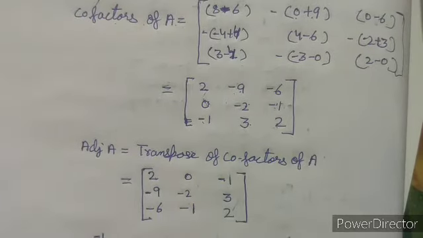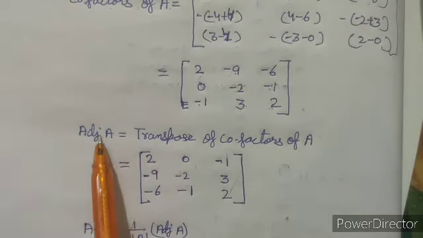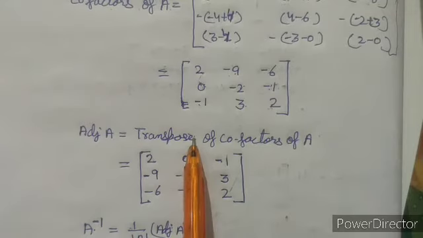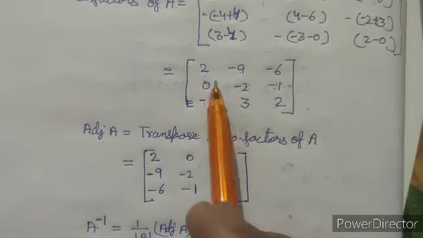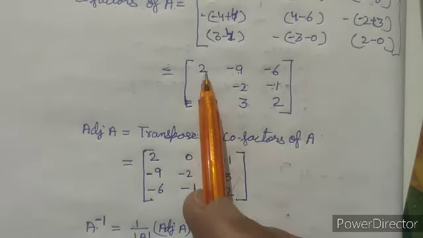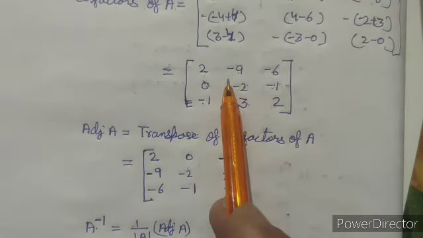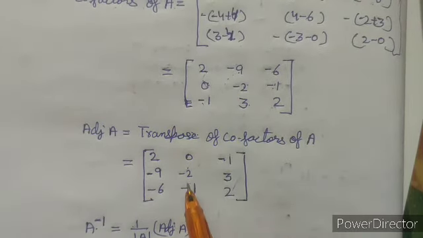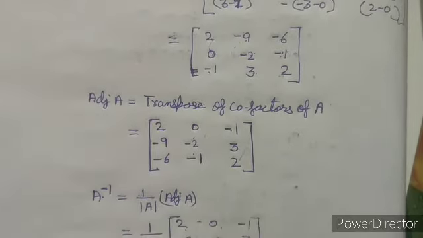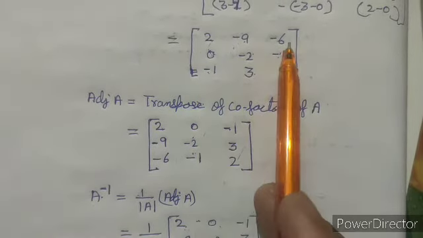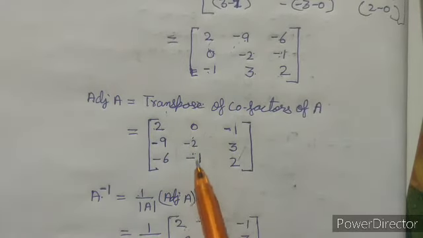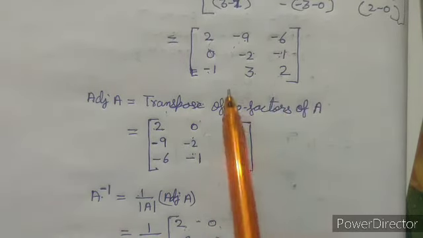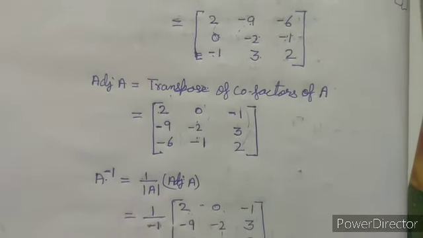Now in our third step we will find the adjoint of A, which is equal to the transpose of the cofactor matrix of A. So we will interchange the rows and columns of the cofactors of A. The first row of the cofactors will become the first column of the adjoint of A, the second row will become the second column, and the third row will become the third column.